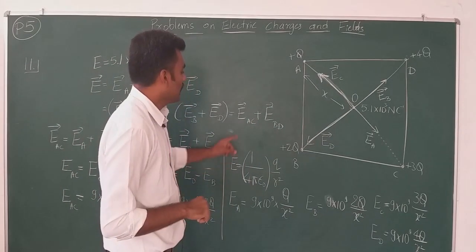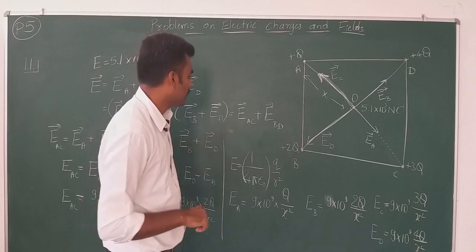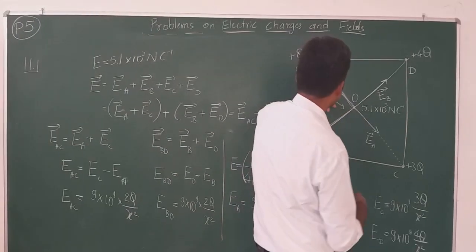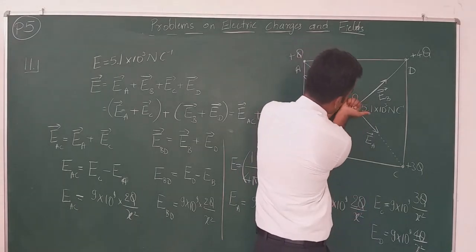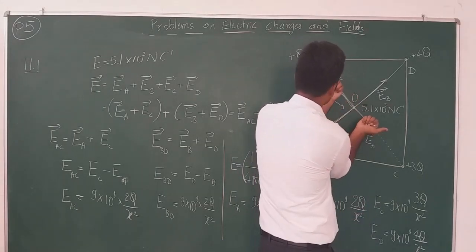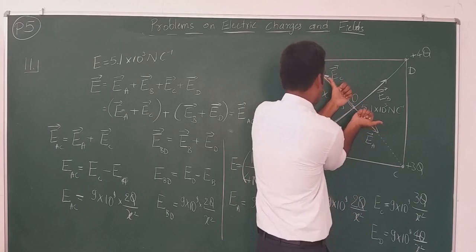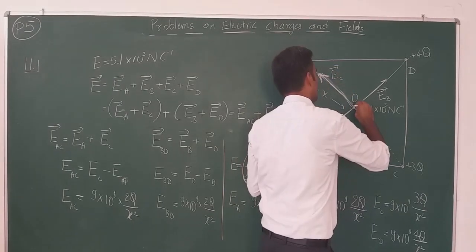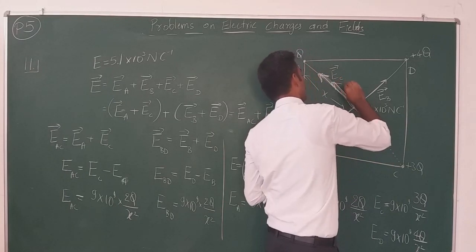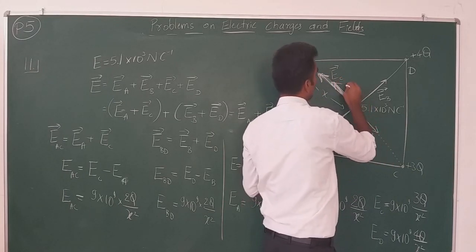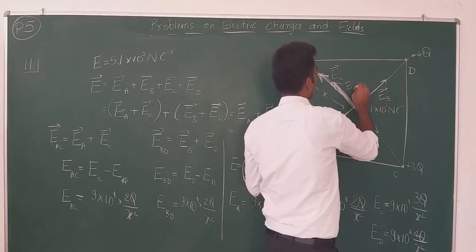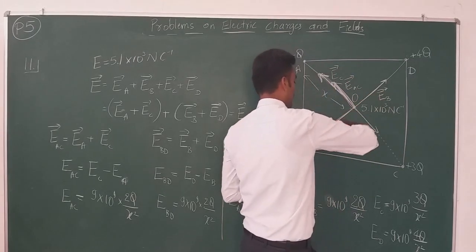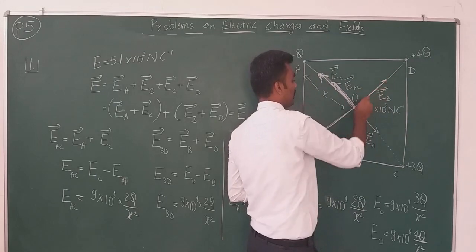Now, these two vectors are actually perpendicular to each other. You can see this. EC dominates, so EAC is like this itself, on the same line. And similarly, here you have ED and here you have EB.